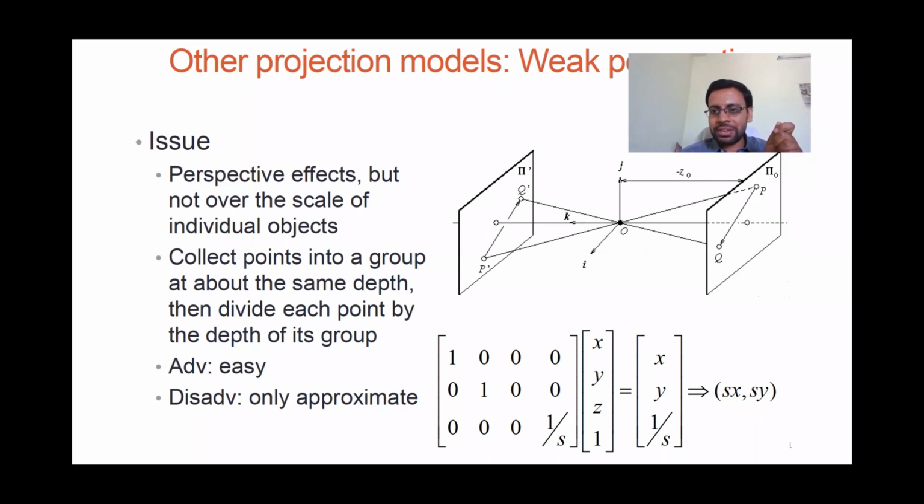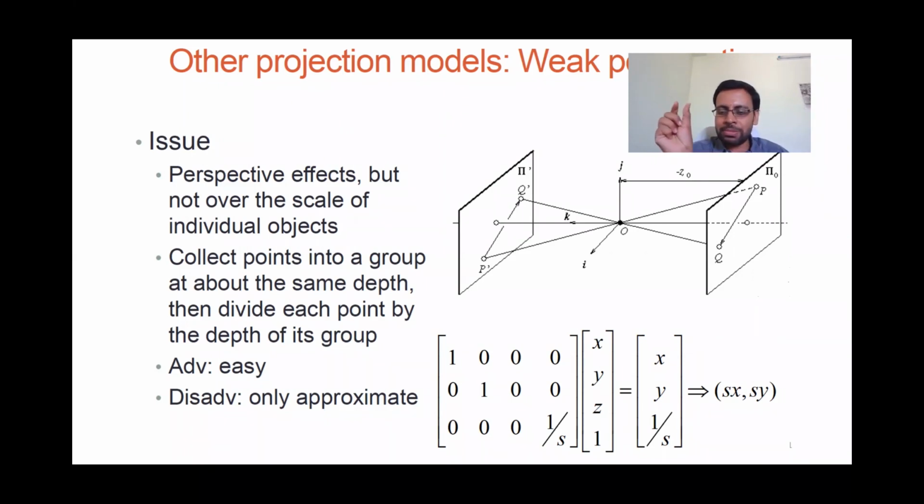In other words, you are looking at a very far object. So considering that distance, you could ignore the variations in Z within that 3D object. You could treat it as if the whole object is at a distance of Z.